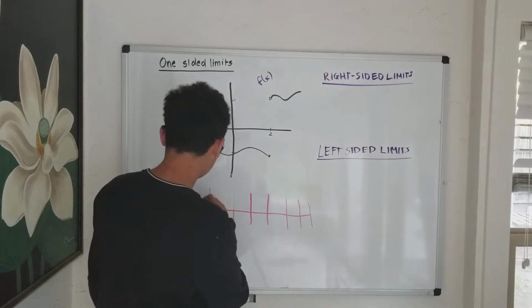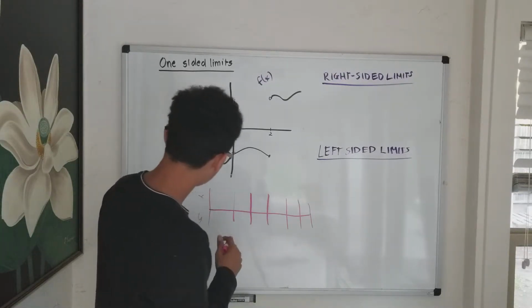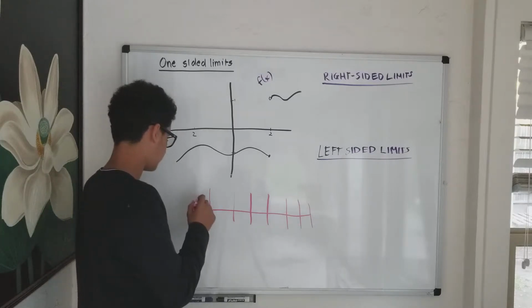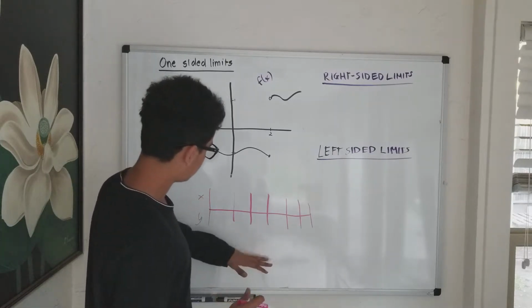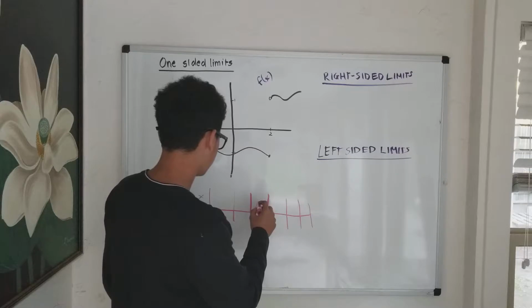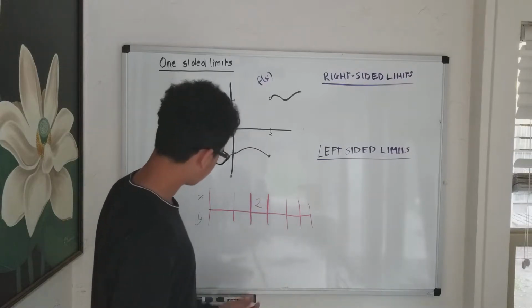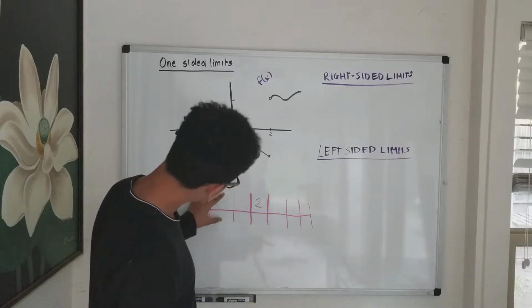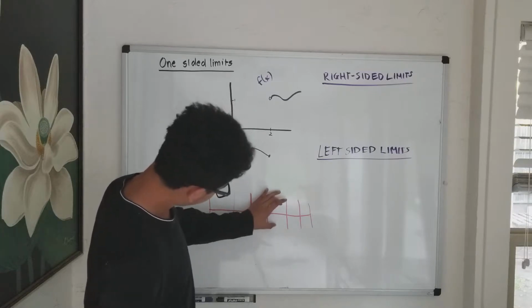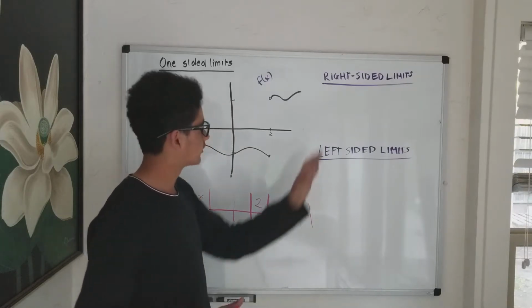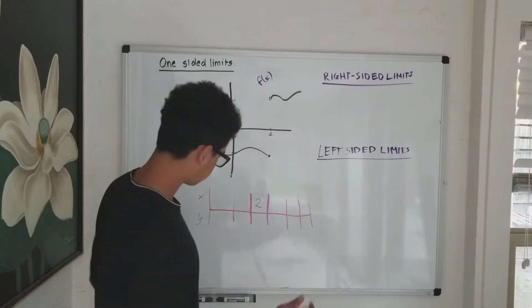So let's say these are our x's and these are our y's. We're going to have our value of 2 right over here. Let's keep the left side away from us for now.